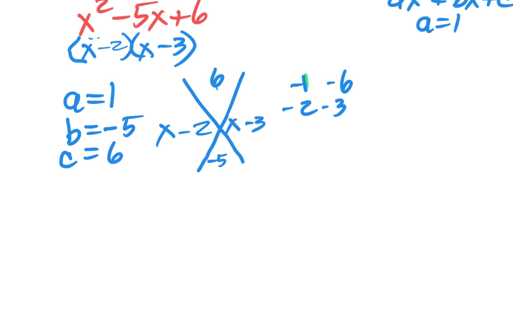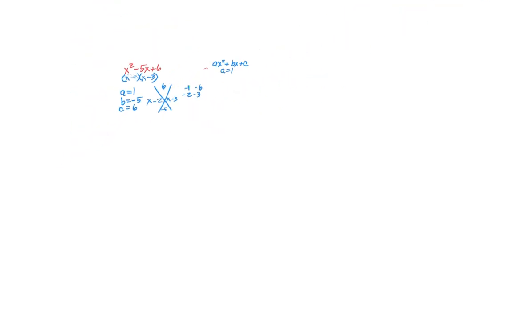Another one of these. I'm going to erase all of this. I'm going to leave this ax squared plus bx plus c. I'm going to leave that up in case we need to come back to that. So all of that has gone away.